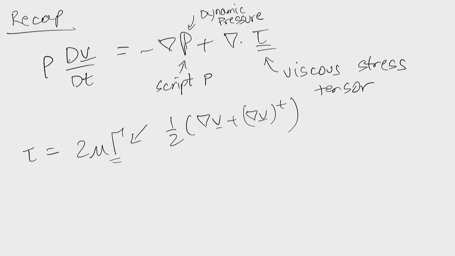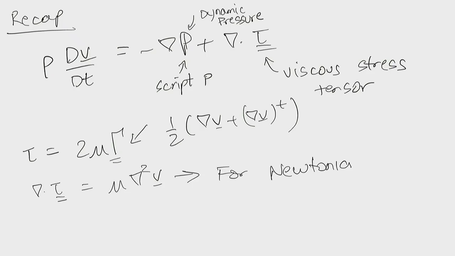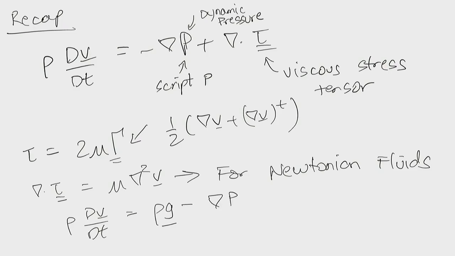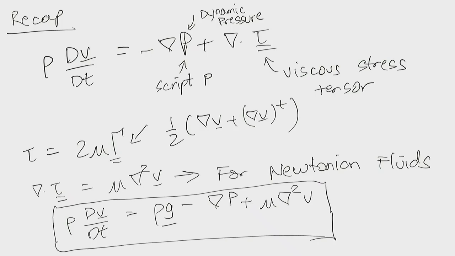And so when we plug all of these factors in and take the divergence of the viscous stress tensor, we get mu grad squared V for Newtonian fluids, which leads to the Navier-Stokes equation. And I've just expanded out script P here.